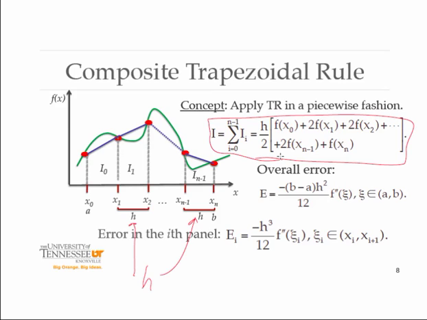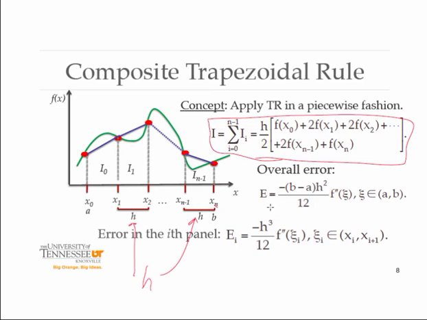The base is always going to be h for each trapezoid, so the area is going to be h over 2, and then you'll have the first functional evaluation f of x0, plus 2 times f of x1. All these interior points will be using the functional values twice, except at the beginning and the very end. You only have one trapezoid that involves f of x0, and you only have one trapezoid that involves f of xn. So this is called the Composite Trapezoidal Rule, and it does fairly well.